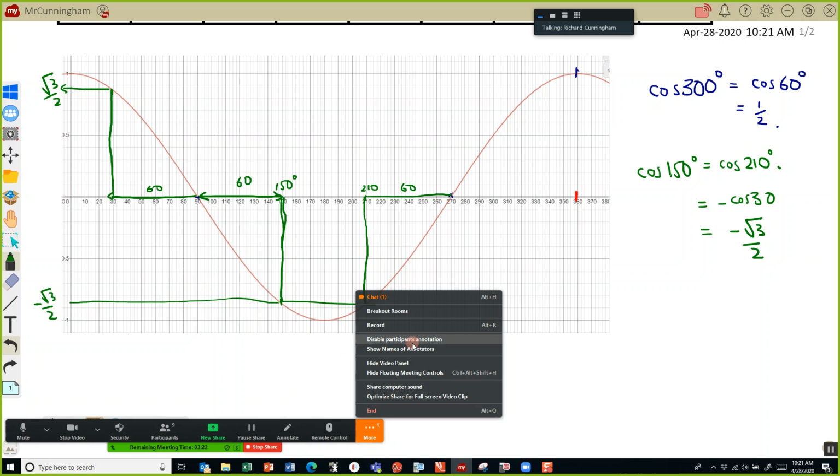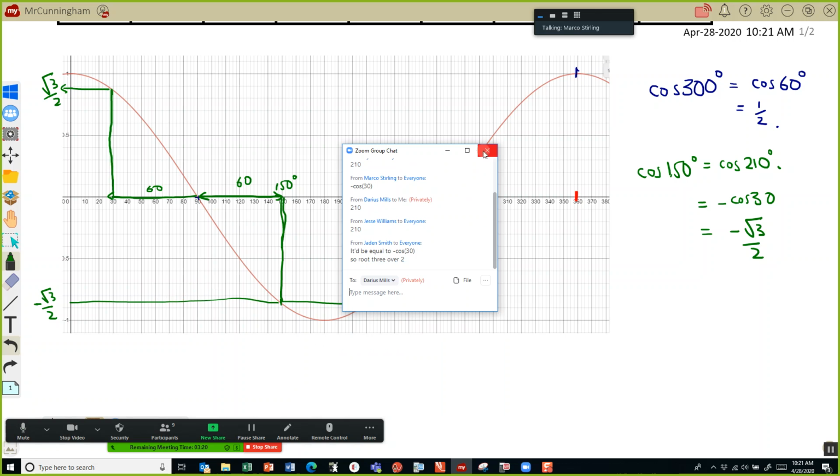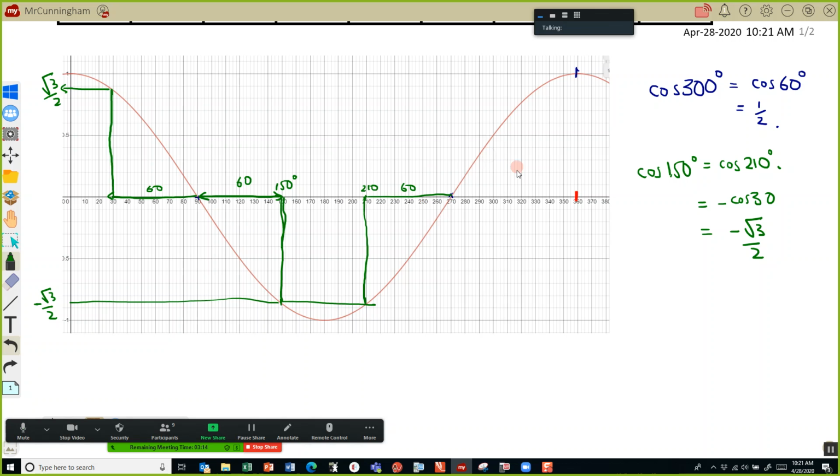Yes? Equal to negative cos 30, so negative root 3 over 2. Is that okay, guys?